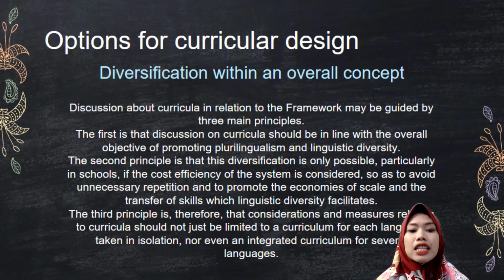The second principle is that this diversification is only possible, particularly in schools, if the cost efficiency of the system is considered, so as to avoid unnecessary repetition and to promote the economies of scale and the transfer of skills which linguistic diversity facilitates.